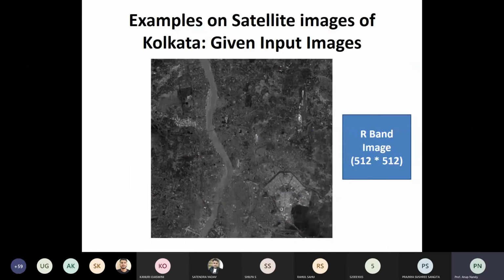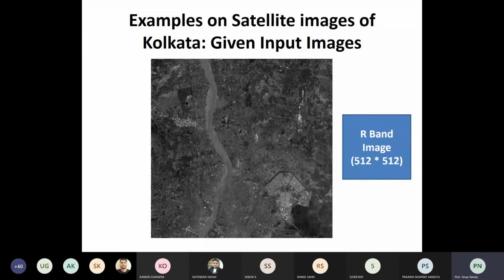Now how do you do it? This type of image will be given to you. Actually, it is a contrast enhanced image, so you will not get this image directly. It will not be distinguishable by the naked eye unless you have the intensity values. So in order to show you, I have enhanced it.